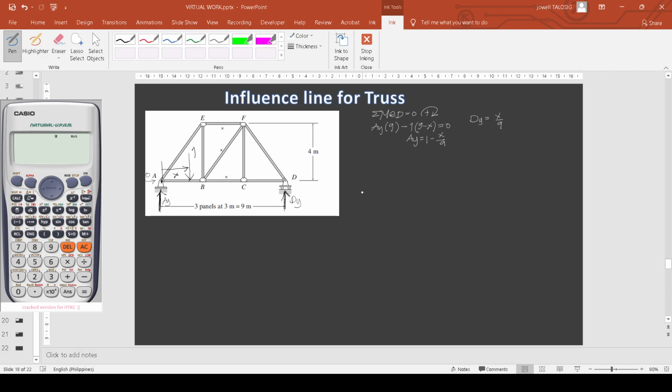I will cut at the middle. We will cut member EF, a section here at the middle. So we will have an FBD like this.